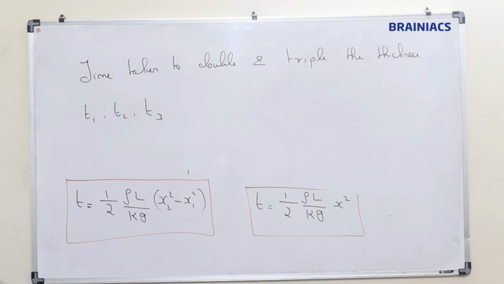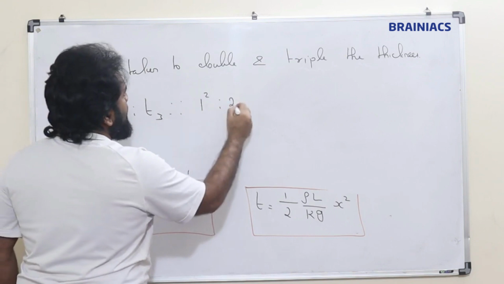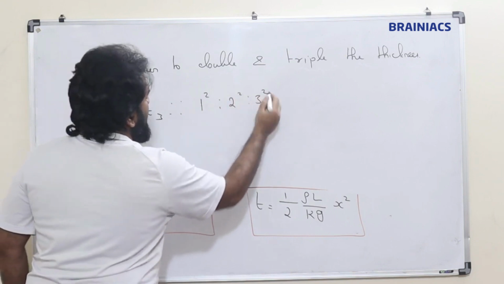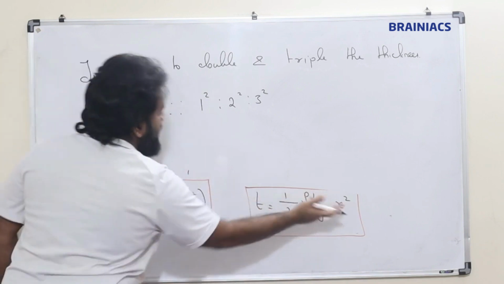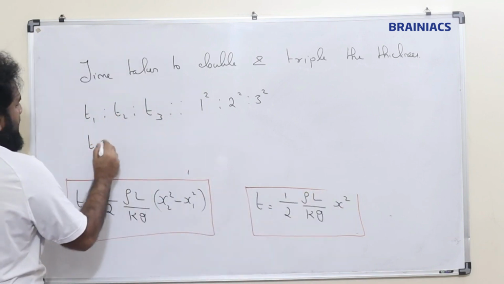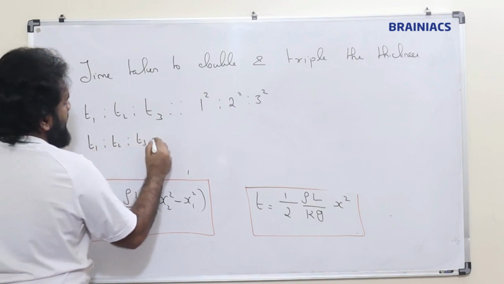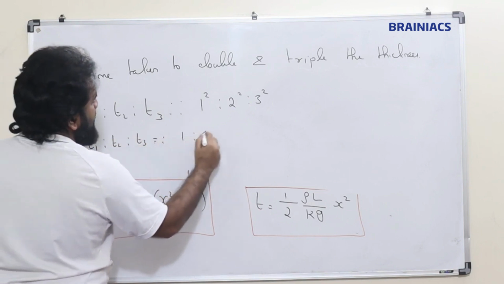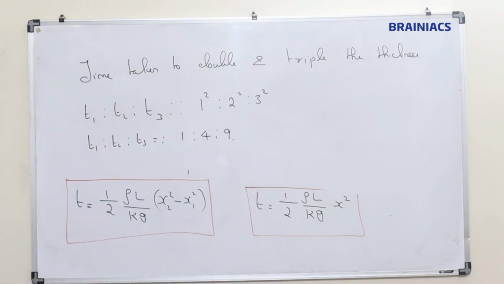So this will be 1 square is to 2 square is to 3 square. This is T is proportional to x square, so T1 is to T2 is to T3 is 1 is to 4 is to 9.